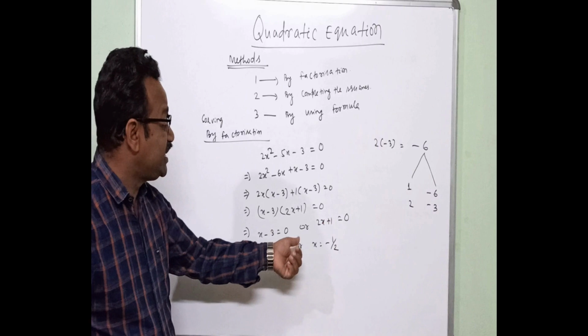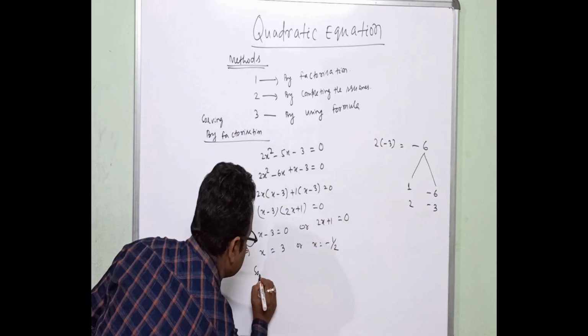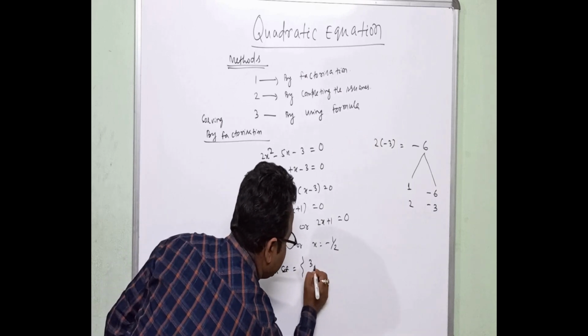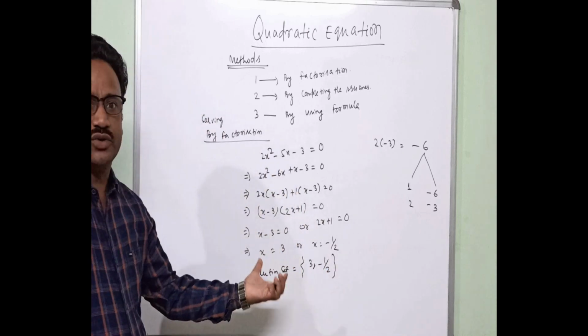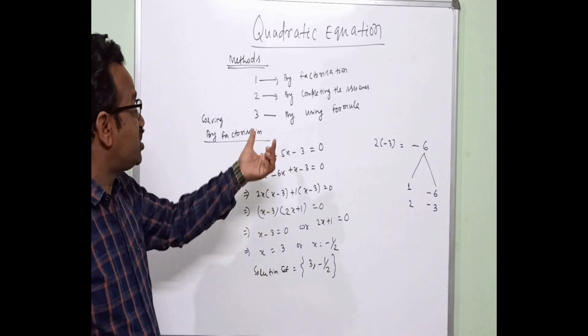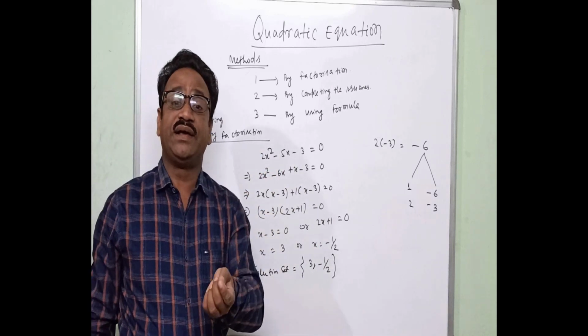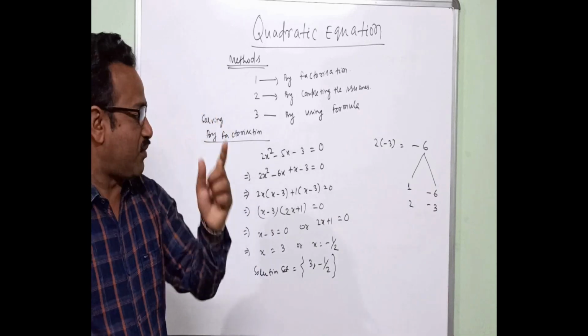Then x = 3 or x = −1/2. So the solution set is {3, −1/2}. It has dual roots. The roots are 3 and −1/2. So this is the method of solving a quadratic equation by factorization, by factorizing the middle term.